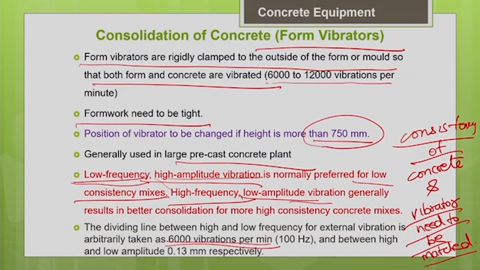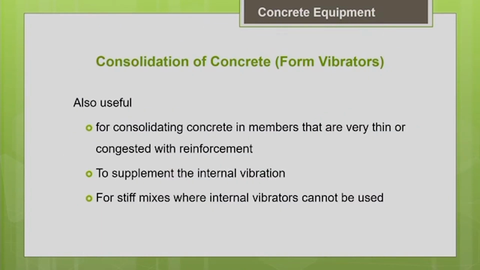Similarly, amplitude more than 0.13 mm we call high amplitude, and less than 0.13 mm we call low amplitude. So, the dividing line between high and low frequency for external vibration is arbitrarily taken as 6000 vibrations per minute, and between high and low amplitude is 0.13 mm.